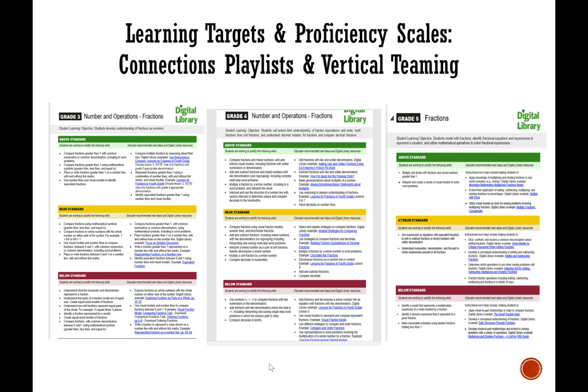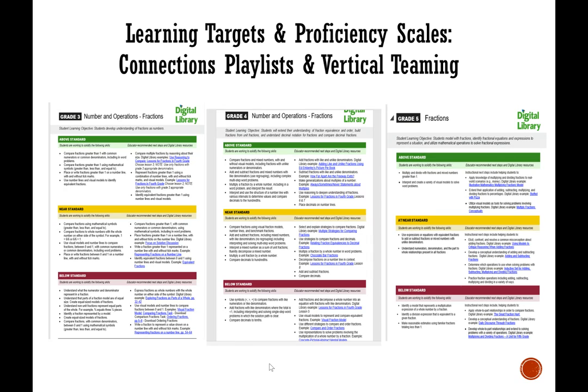Let's say that you give students a pre-assessment prior to the fractions unit, and students are below standard. This gives you a lot of detail about what those students need in terms of instruction to build up their skills and knowledge to move them up to the next level of being at or near standard. Now, it might be that some students give a pre-assessment and they're already above standard. Again, these playlists can give you a guide into how you would give those students who are above standard an opportunity to go further with their understanding and their application.